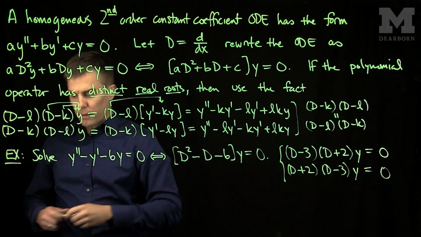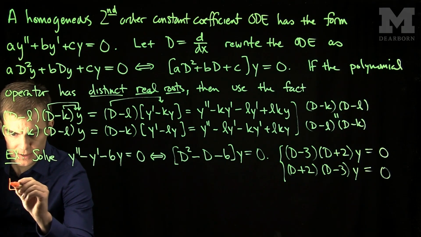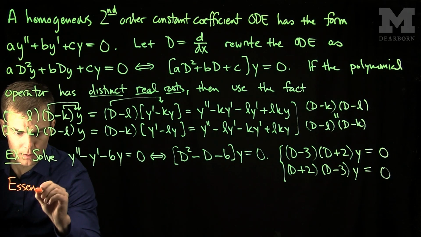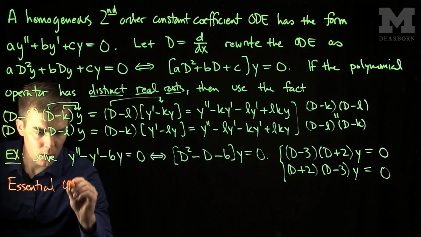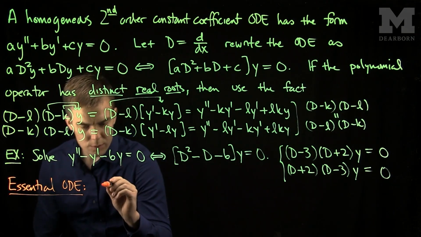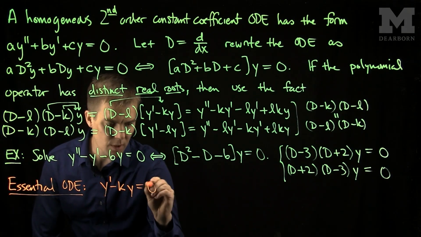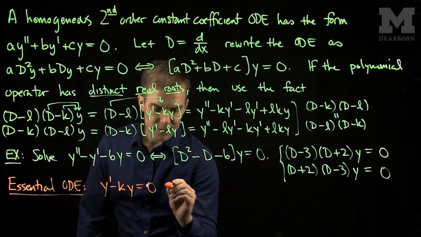Now we recall the following fact from a previous lecture. This is the essential ODE. The essential ODE is y prime minus k y equals 0. We know how to solve this.